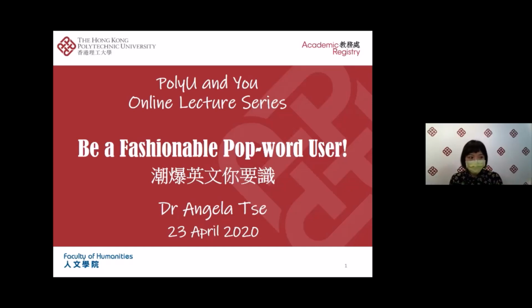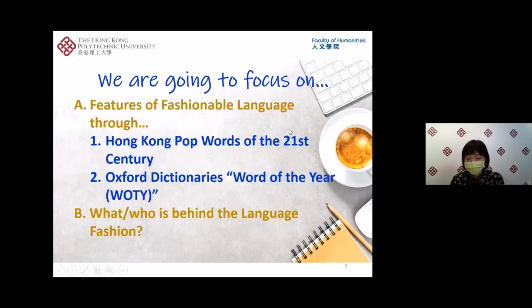All right, so based on this topic, we're going to cover two items together. The first one is we're going to look at the features of fashionable language based on local Cantonese fashionable expressions and also international English fashionable expressions based on Oxford dictionaries.